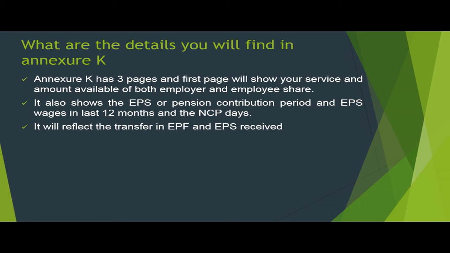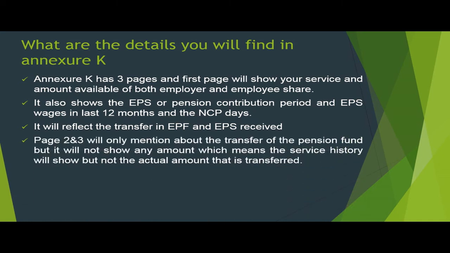It will also reflect the transfer in your provident fund and the pension fund that is received in the new account. Pages 2 and 3 will only mention the transfer of the pension fund, but will not show any amount. Whatever amount is in your pension fund will not show in this Annexure K. Only your service history will get added and show, but not the actual amount that is transferred.